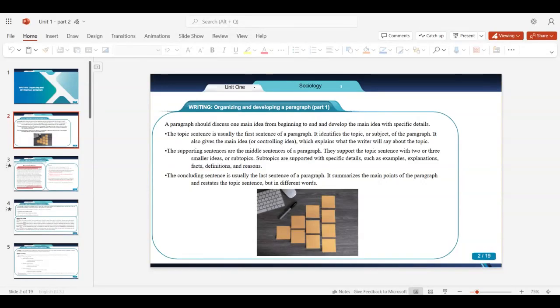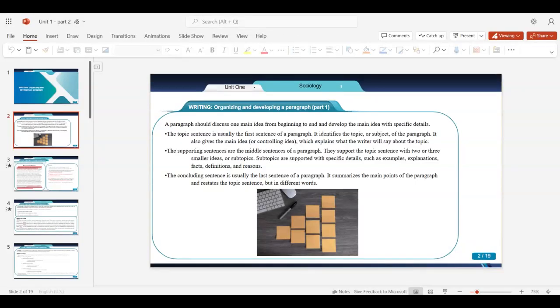And in supporting sentences, we can add further detail with explanation, with facts, with examples. And all the ideas are called controlling ideas, which explain what the writer will say about the topic.